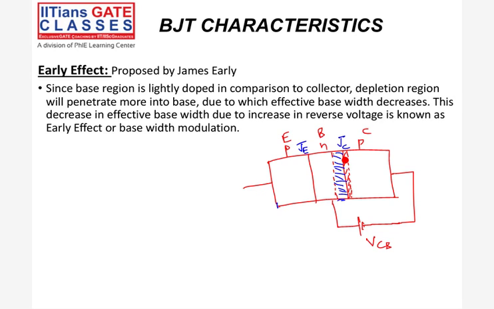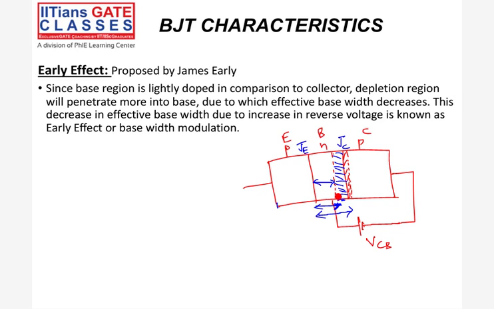Effective base width is what? This is my effective base width. Actual base width was how much? That was up to here. I can show you, this was my actual base width. But effective base width is this much only, up to here.